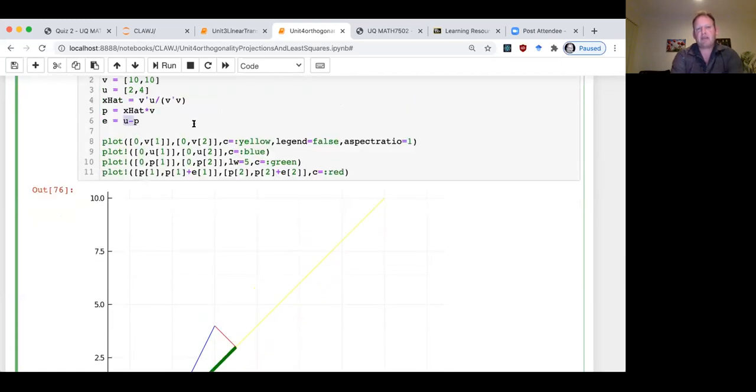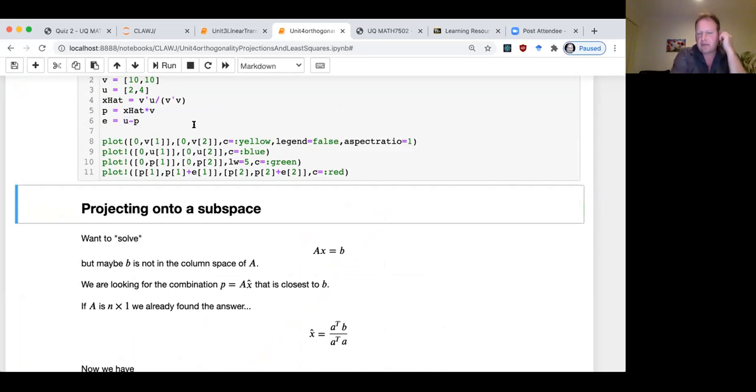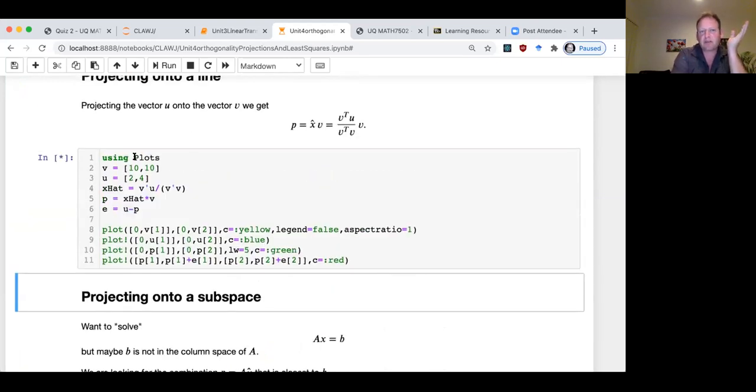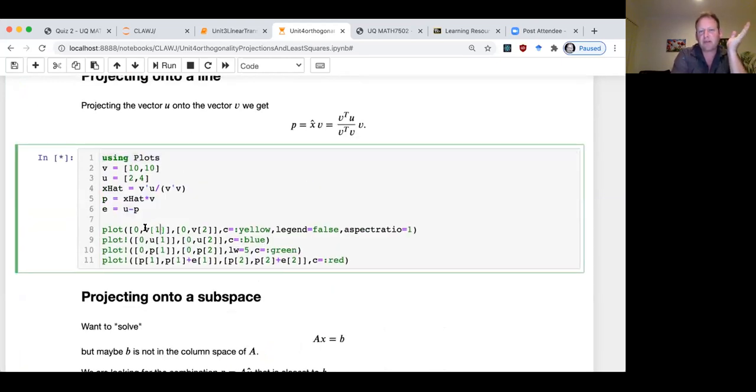If I run this, the plot is going to take a while the first time. I'm going to plot a few things, and I actually want you to see the plotting. First of all, to make this look nice, the aspect ratio should be 1. That just means that it's drawn on the screen exactly on scale, so there's no stretching on X and Y. We don't want a legend in this case. We're using 4 different colors: yellow, blue, green, and red.